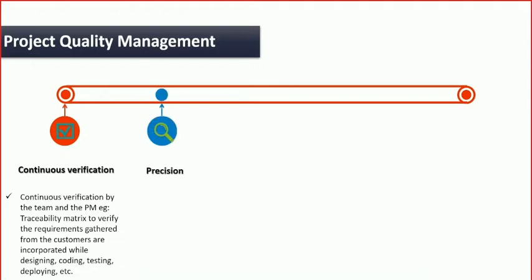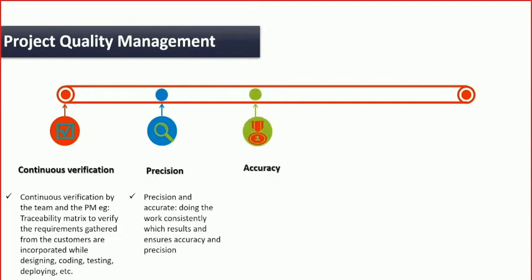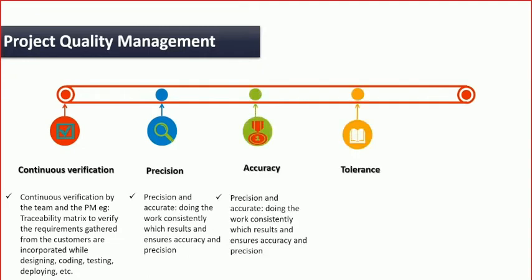If we talk about accuracy and precision, by definition, accuracy refers to how close a measurement is to the true or accepted values, whereas precision refers to how close measurements of the same items are to each other. Now, next is tolerance.